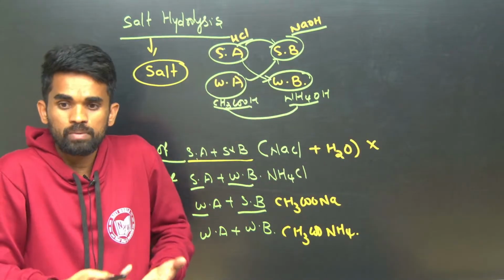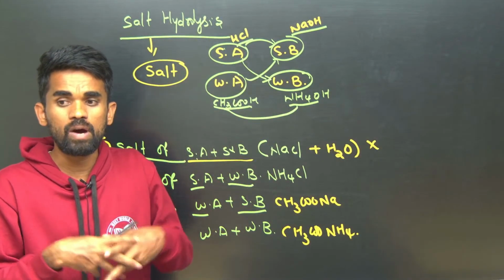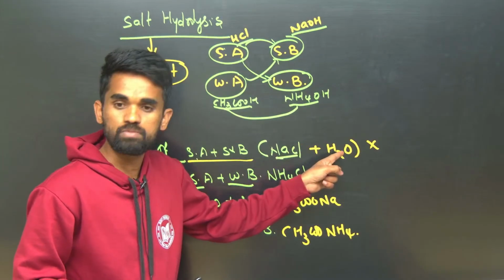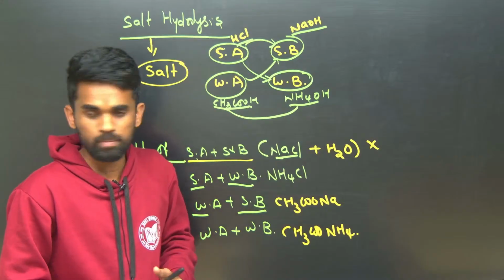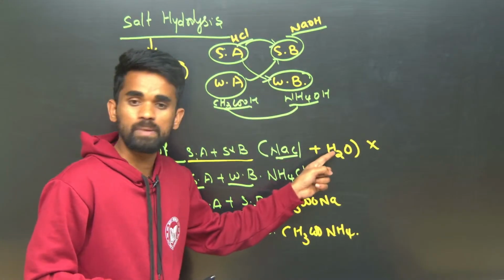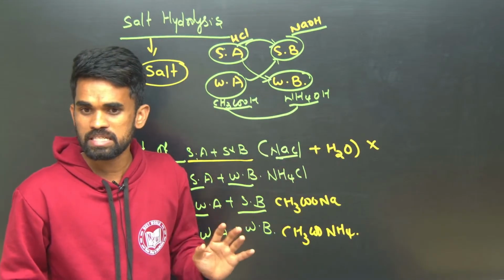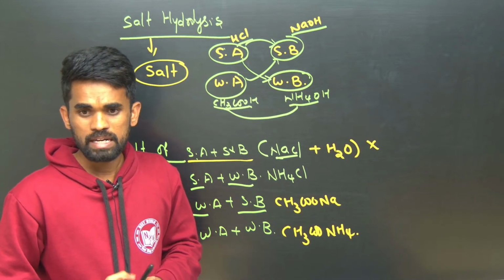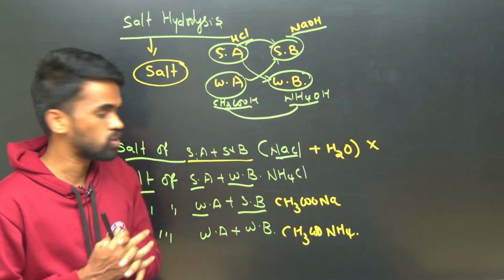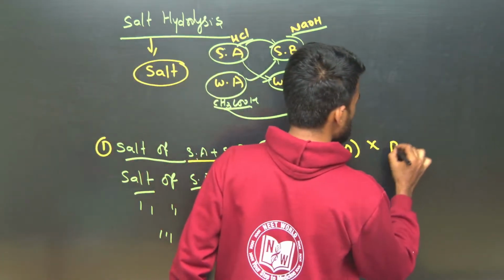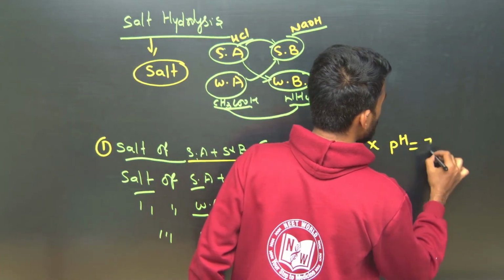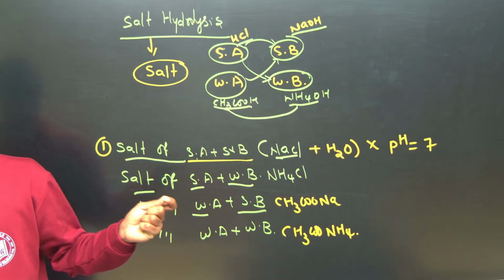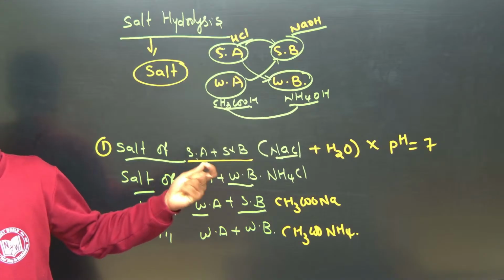Even if we assume it is undergoing hydrolysis, what will be the products formed? From Na plus OH minus, NaOH strong base, and Cl minus H plus, HCl strong acid. Overall it is neutralized, so pH will be 7, neutral. So for strong acid strong base combination, they won't undergo hydrolysis. The pH of that solution will be 7.